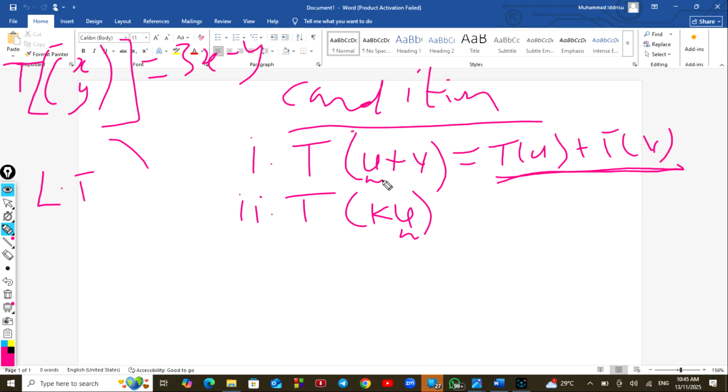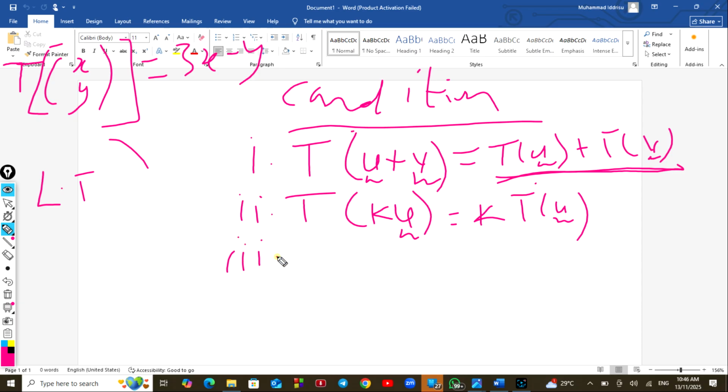Let me represent this as vectors. Where k is a constant, this is the same as k multiplying the transformation of the vector u. So this is the second main condition for linearity of a matrix transformation. But let me give you the minor one.